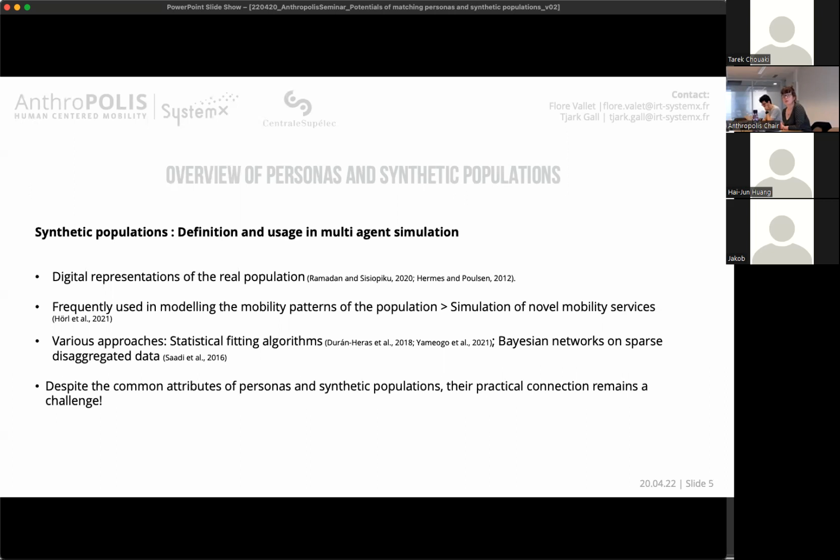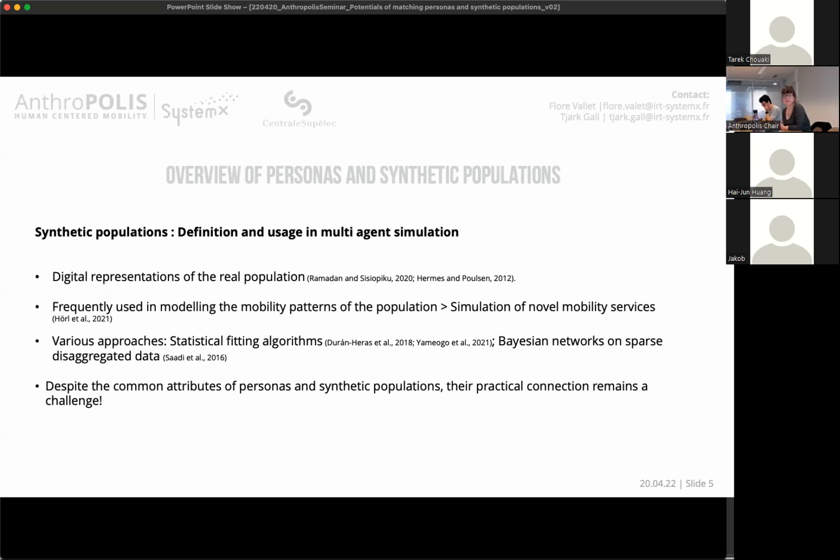Usually, and that's what was done for this study, we are able to build a population that is representative of, for example, 10% of the actual population. So in both ways, we are representing real people in a synthesized way.